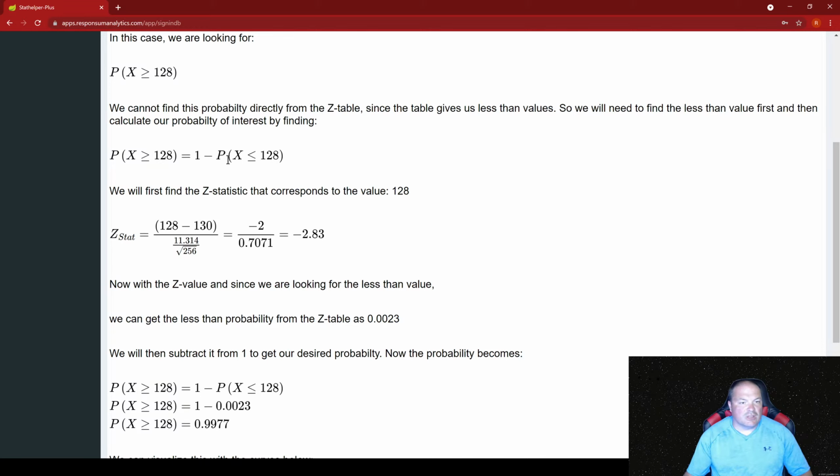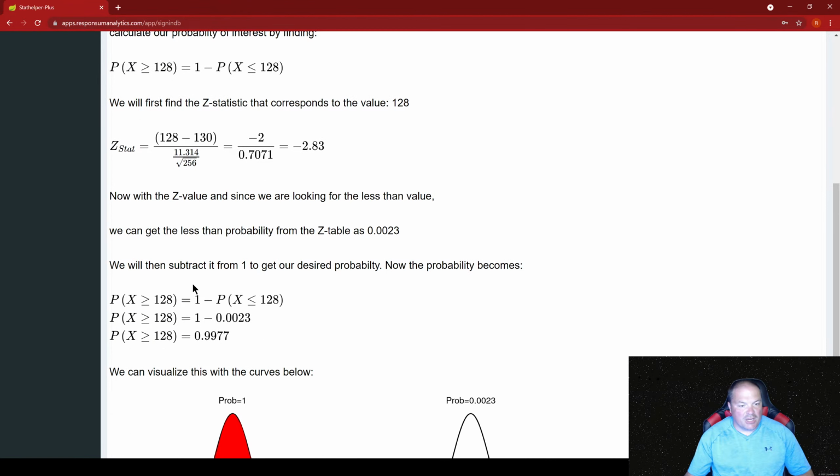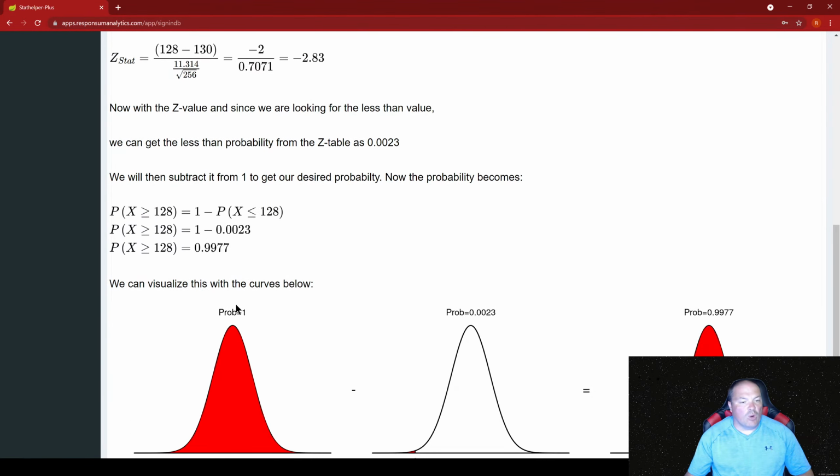So for the less than 128, you end up with negative 2.83, and go to the z table, and we get this less than probability to be 0.0023. Since we're looking for greater than, just like the previous problem where we did the greater than, we do 1 minus, and we end up with 99.77.